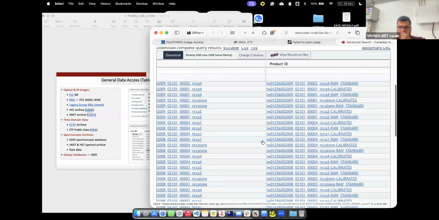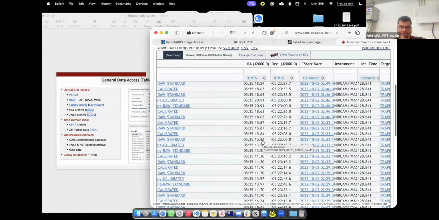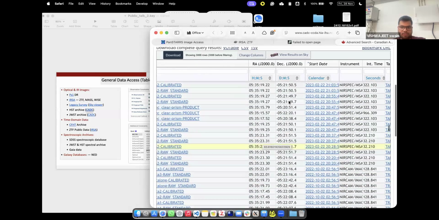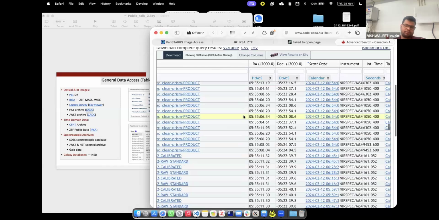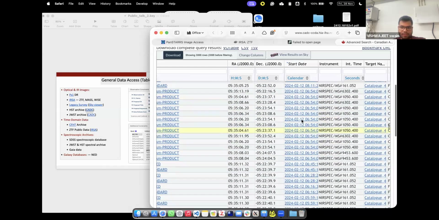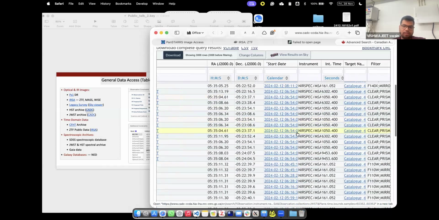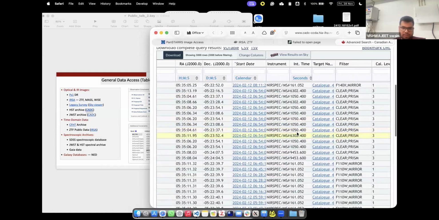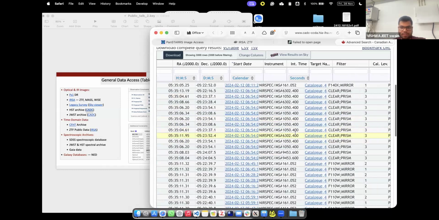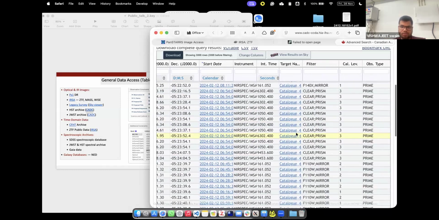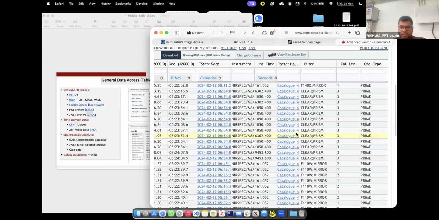Okay, so anyway, usually you can see all the type of information about the object which was observed by JWST: the particular RA Dec, the start time of the observation, the instrument which was used for that particular image, and if there is something already in a target name in the catalog and all.